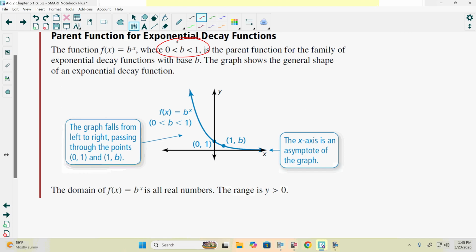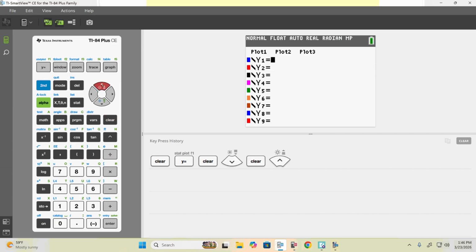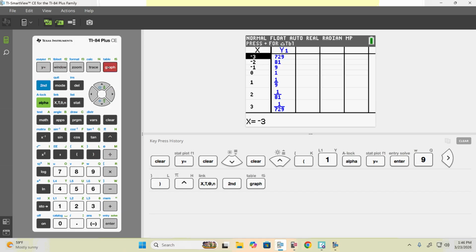If we did the exact same thing, I'm going to use the graphing calculator's table just so we can see multiple values at the same time. We'll say 1/9 since we use 9 for the first one. As we see the values here for 1/9, 1/9 is between 0 and 1.